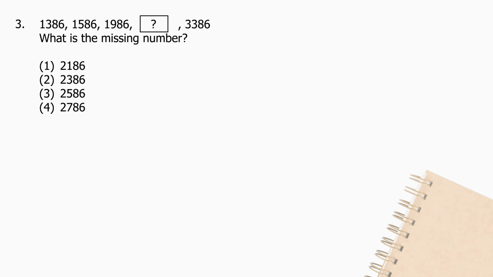Question 3. 1386, 1586, 1986, missing number, 3386. What is the missing number?